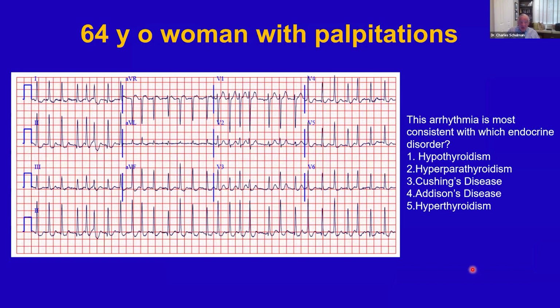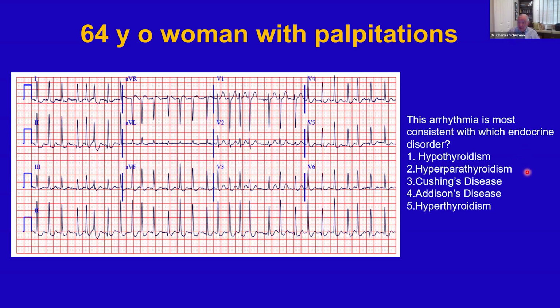Here's a 64-year-old woman who complained of palpitations. She has a rapid, irregular rhythm, supraventricular. This is obviously, again, atrial fibrillation. And the question is, what endocrine disorder is this most consistent with?